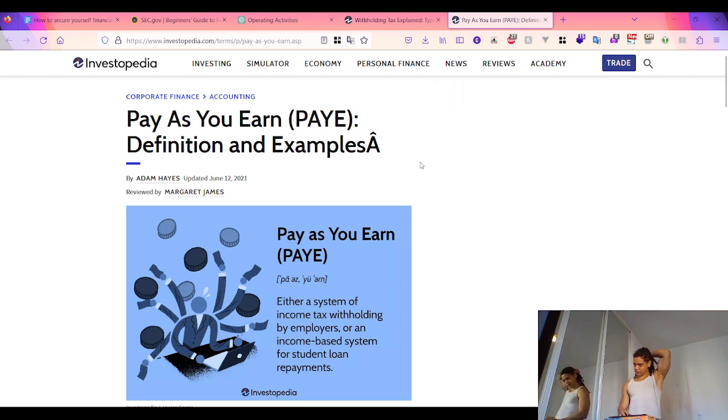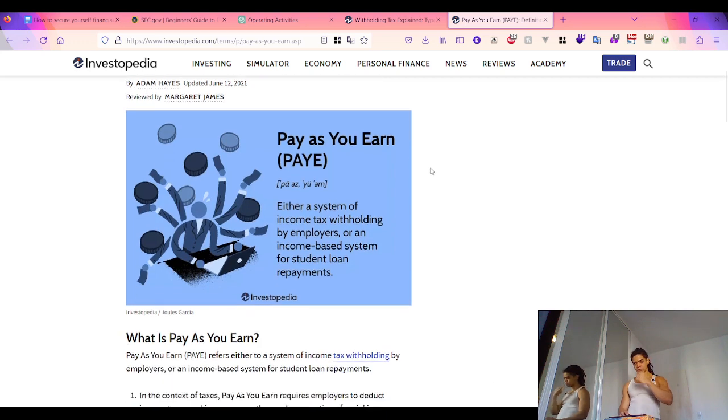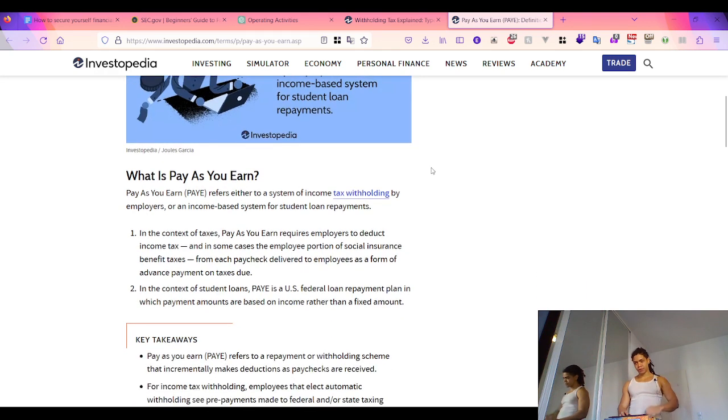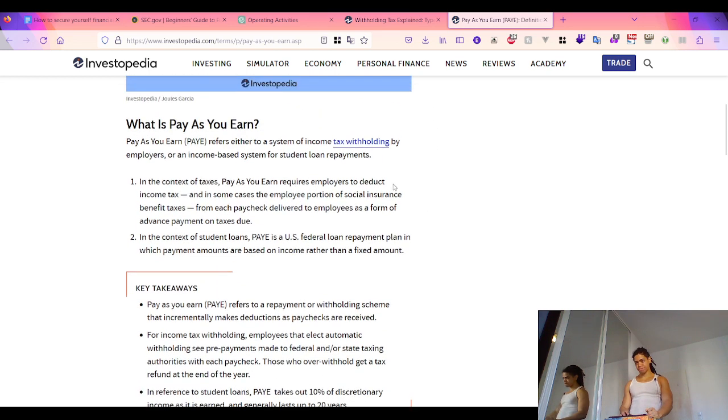Pay as you earn refers either to a system of income tax withholding by employers or an income-based system for student loan repayment. In the context of taxes, pay as you earn requires employers to deduct income taxes.